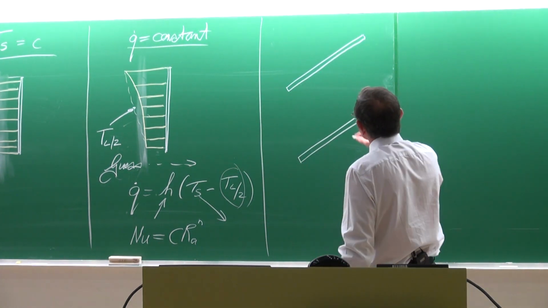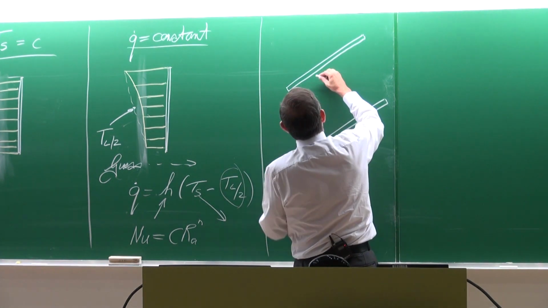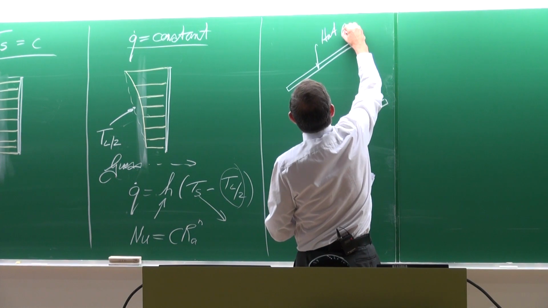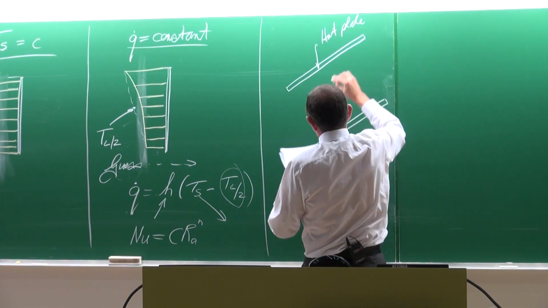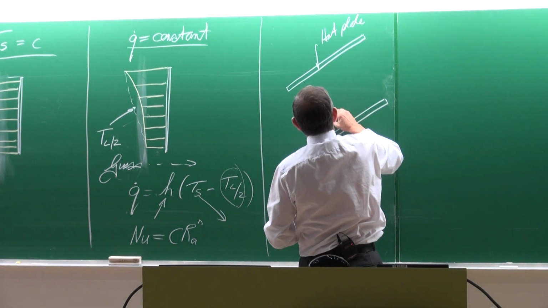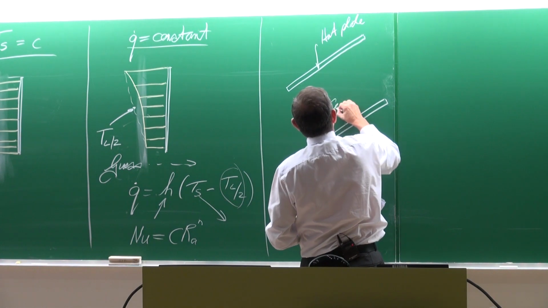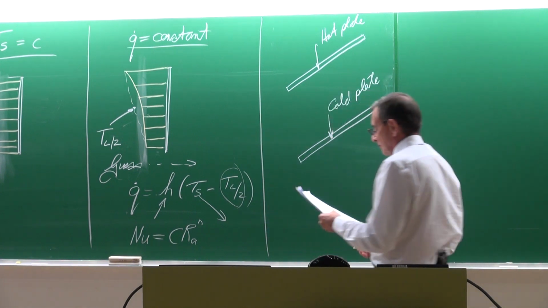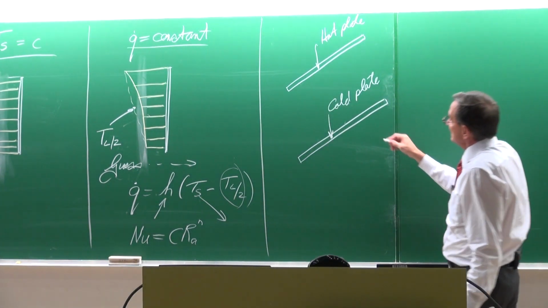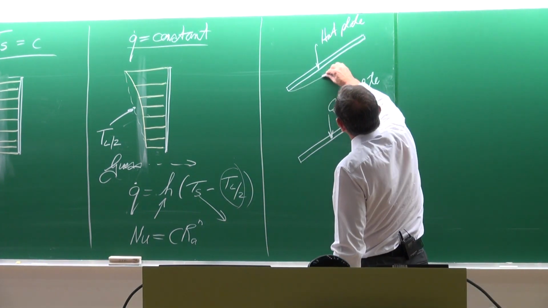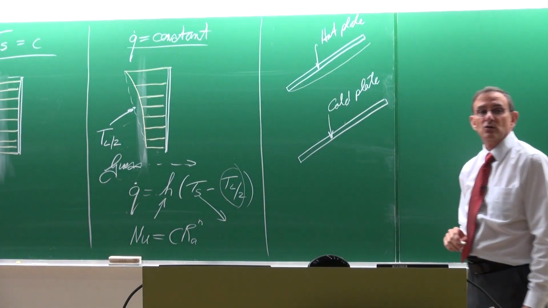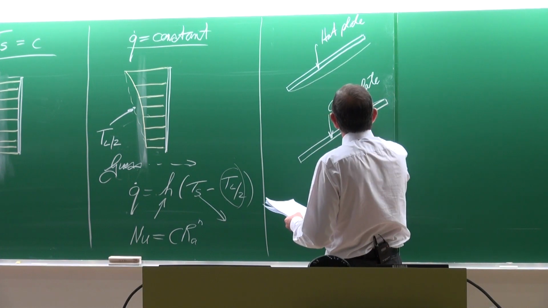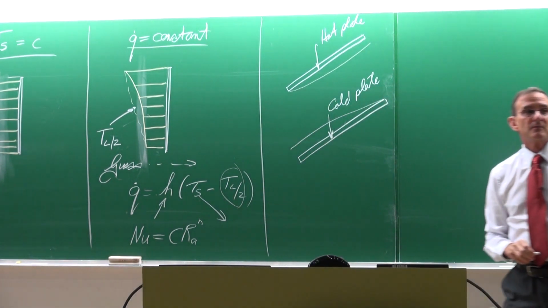The reason is, in terms of a hot plate, if it is warmer than the atmosphere, and if that is a cold plate, so it is colder than the atmosphere, then the velocity distribution here on the underside would do something like that, and on the cold side it would do something like that.